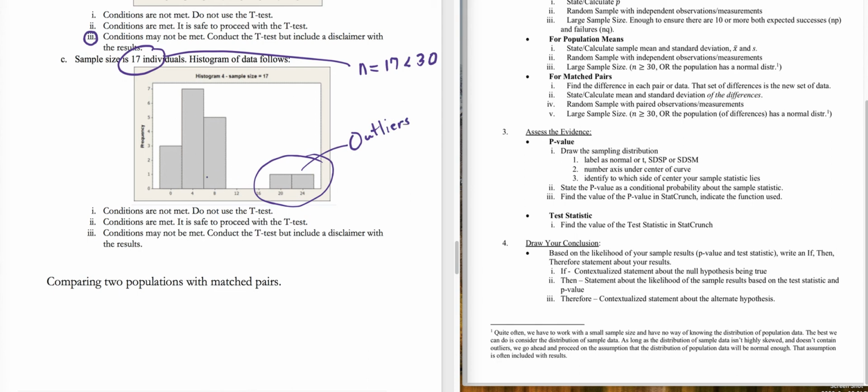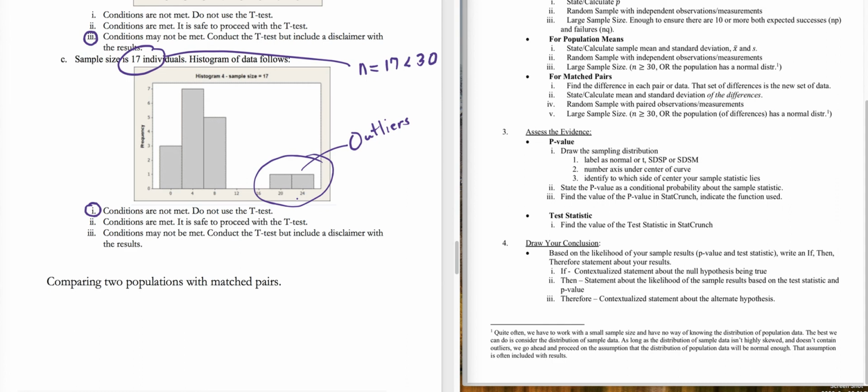We've got the bulk of our data here, then no data in this block, and then these outliers over here. So this one, our conditions are not met. We should not use the t-test, and we cannot proceed with that hypothesis test.